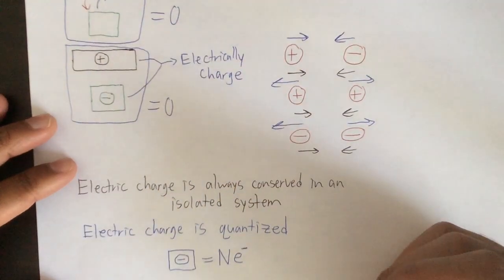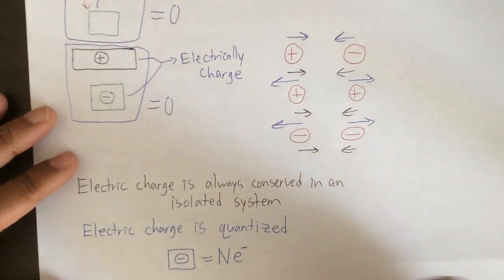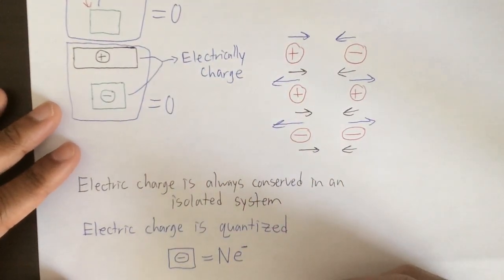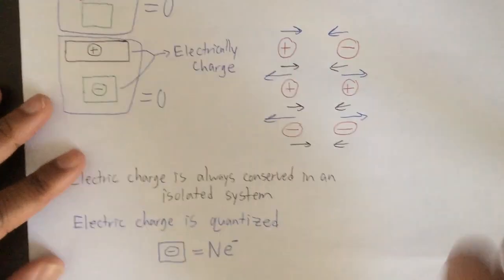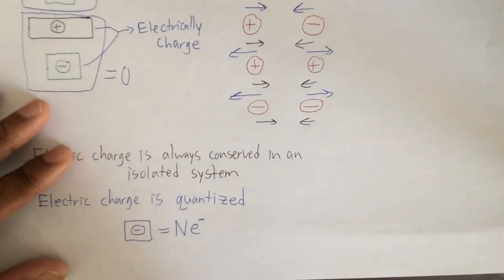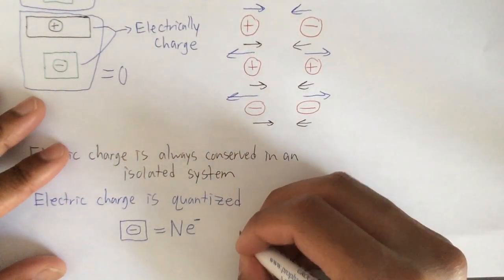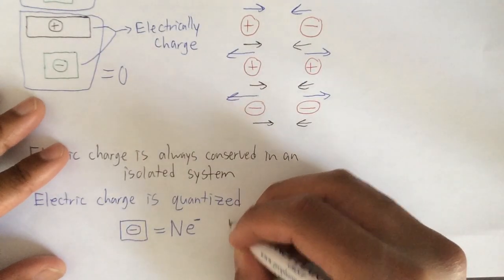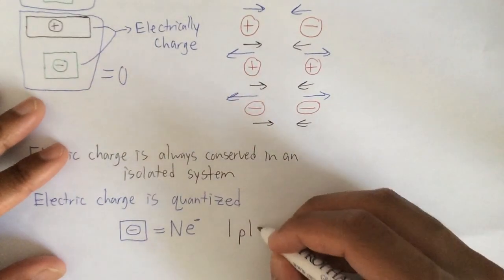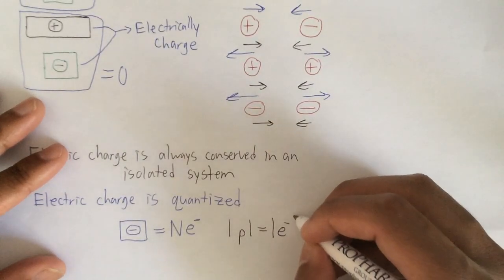So you can think of it like that. So that is the fourth property we're going to discuss. And one last observation is that the magnitude of the total charge of a proton is equal to the magnitude of the total charge of an electron.